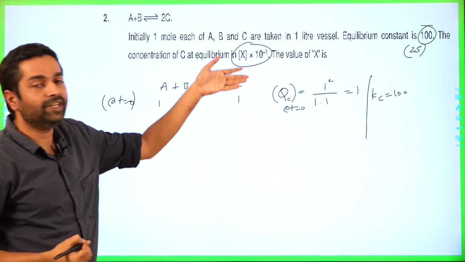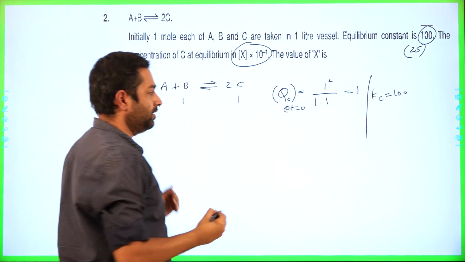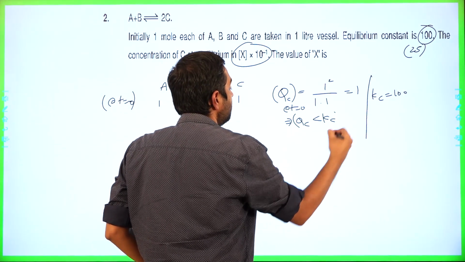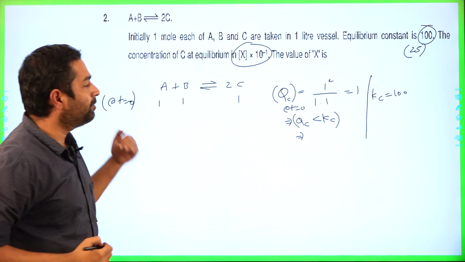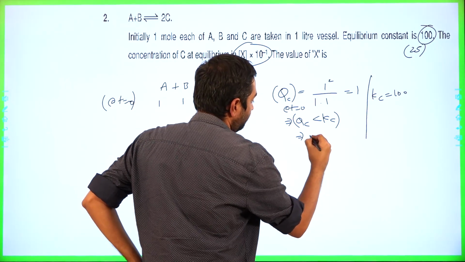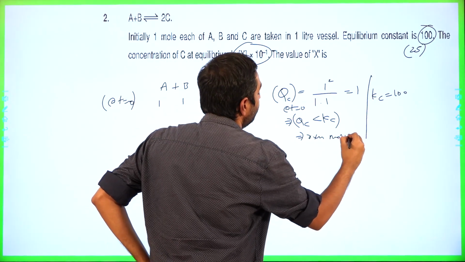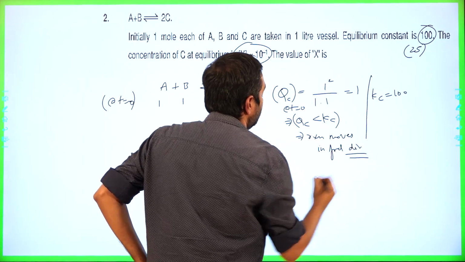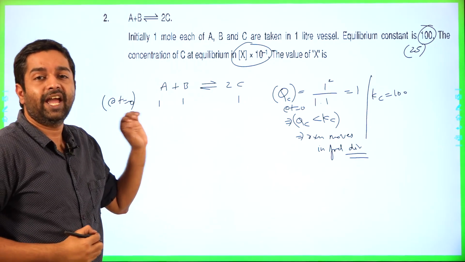That means QC is less than Kc, which means the reaction is going to move in the forward direction to increase the QC value. So that is the direction in which the reaction is going to move.